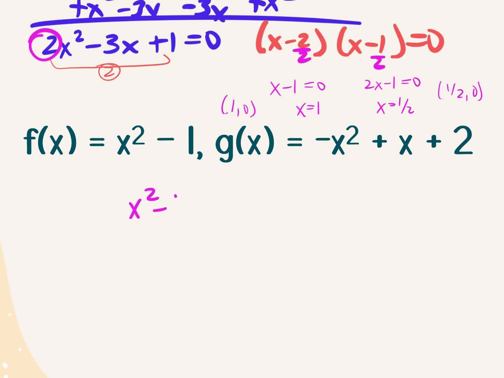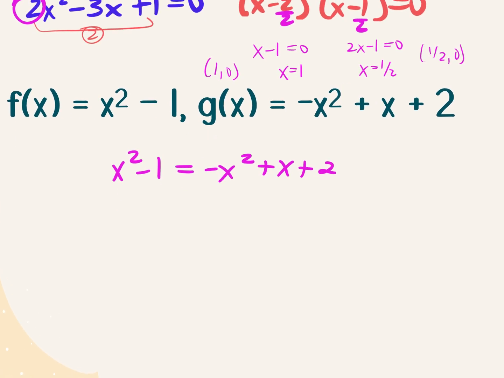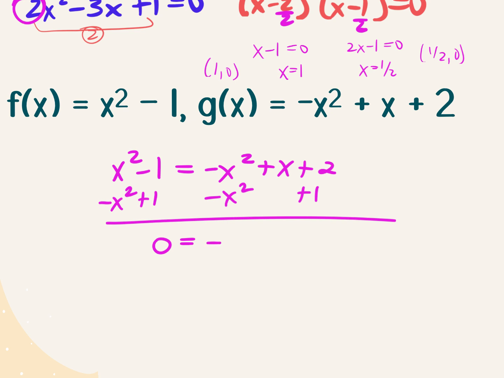Again, if you're finding where these two equal each other, you set them equal to each other. So x squared minus 1 equals negative x squared plus x plus 2. Let's move everything. I'm going to subtract x squared and add 1. So subtract x squared and add 1. 0 equals negative what? 2x squared plus x plus 3.